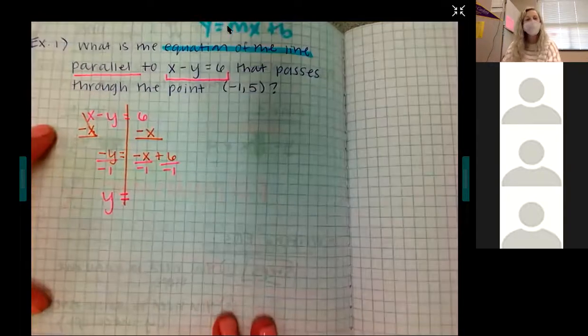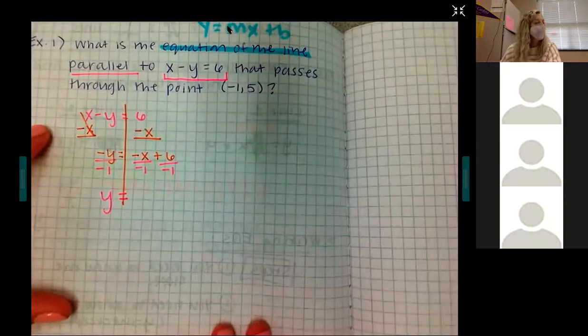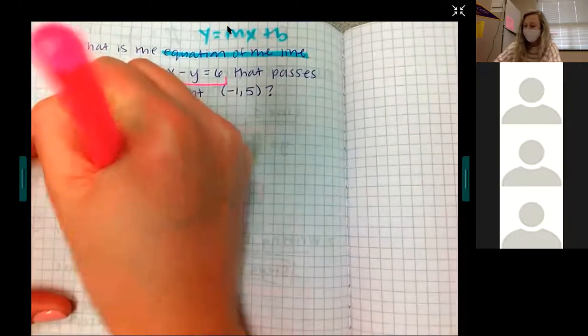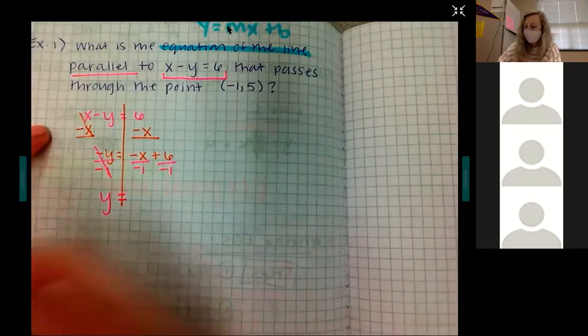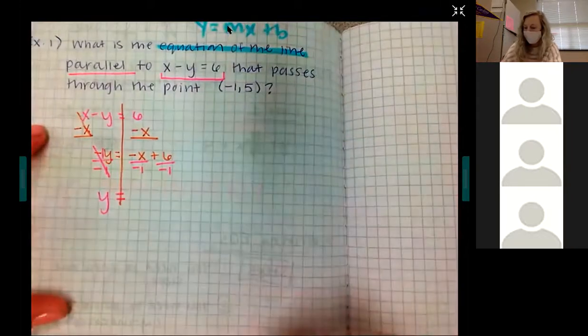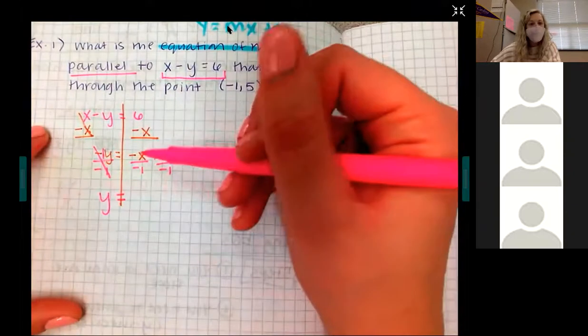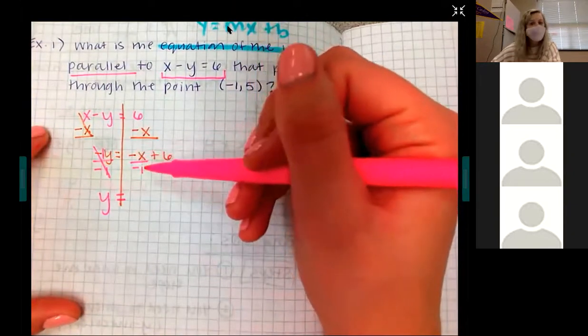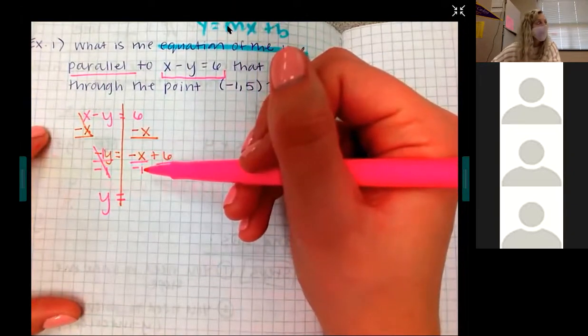Divide by negative 1, y'all. Everything divided by negative 1, and those negative ones will cancel, because remember, that's an understood 1 right there. What happens when you have a negative divided by negative? It turns to a positive.